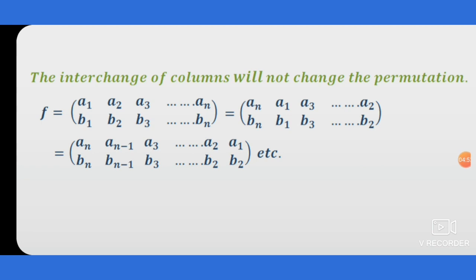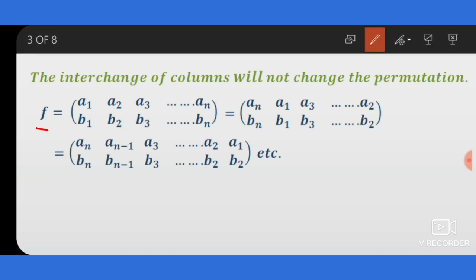Now the interchange of columns will not change the permutation. If f is a permutation of degree n, we can write it in several ways.